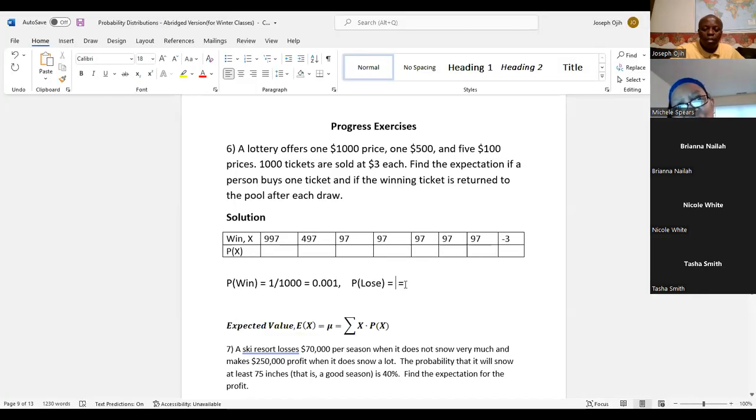Out of 1,000 entries, you lose 7 prizes, so that's minus 7, the opposite. Divided by 1,000. So that's what we have to put in the calculator here.